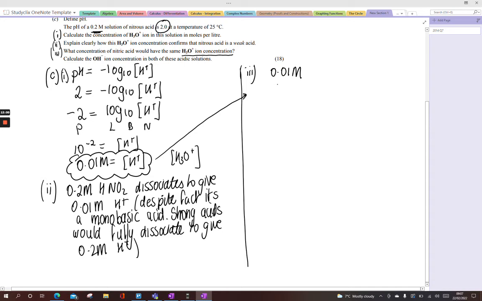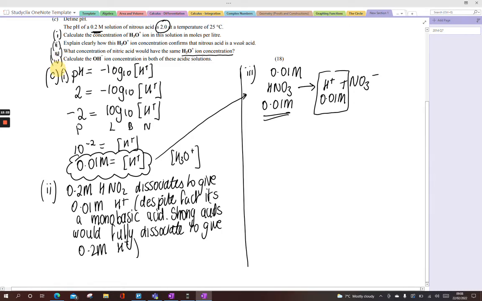Now, nitric acid, HNO3, is a strong acid, so it fully dissociates. So if I had 0.01 molar of H plus or H3O plus, I'm going to have the equivalent concentration of my nitric acid. It's a 1:1 ratio. So your answer there is simply 0.01.